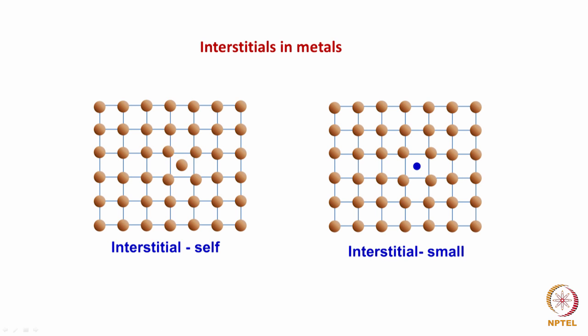Now, the case which we have considered just now is about an atom of the same type being introduced. There are many cases where we have seen interstitials, atoms of light elements like carbon, oxygen, nitrogen, which have small size, and they can also be introduced into the lattice. So they prefer to come into some interstitial position.